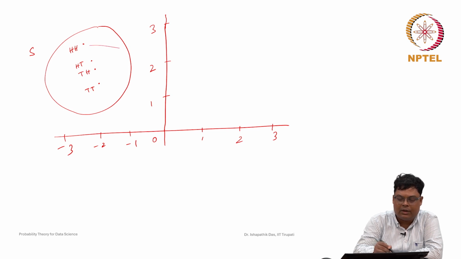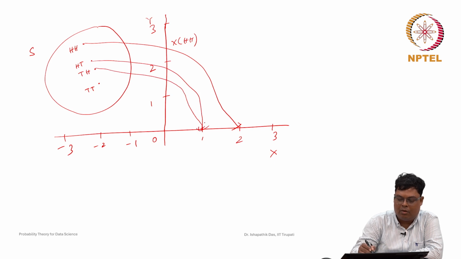I am just mapping X on the x axis, and this is the y axis. So, X of HH is equal to 2. Now X of HT will be 1, so this will be coming to 1, and this is also coming to 1. This is X of HT, and this is X of TH.